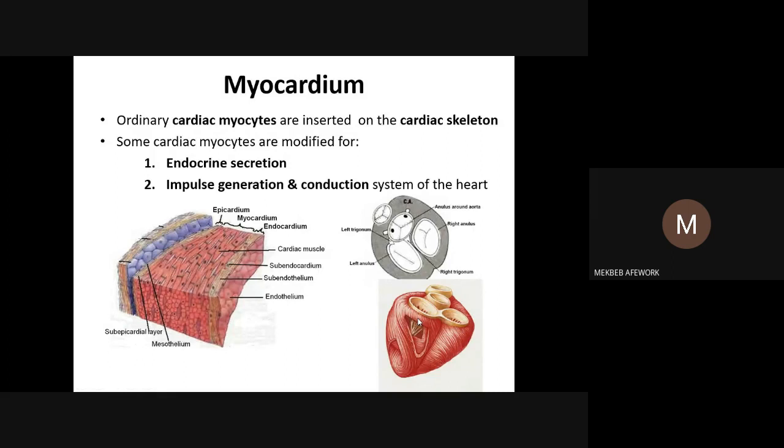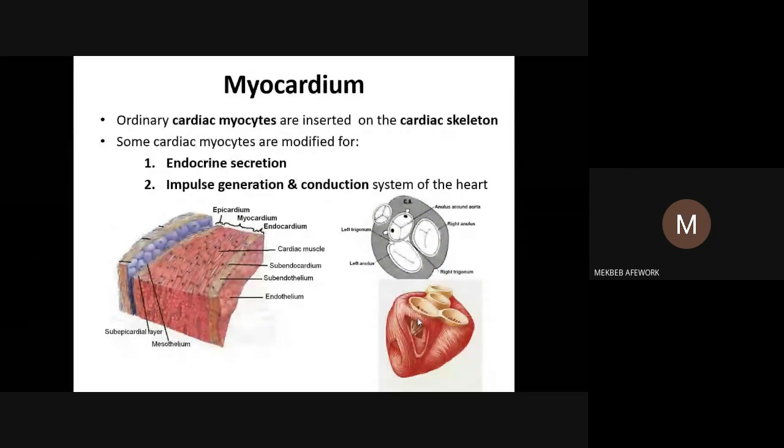The basic nature of cardiac muscle is again contraction, in a somewhat comparable manner to that of skeletal muscle, but there is also an impulse generating and conducting system, whereby the cardiac muscle, without waiting for innervation, is able to generate impulse and conduct it, and there are also secretory cells.